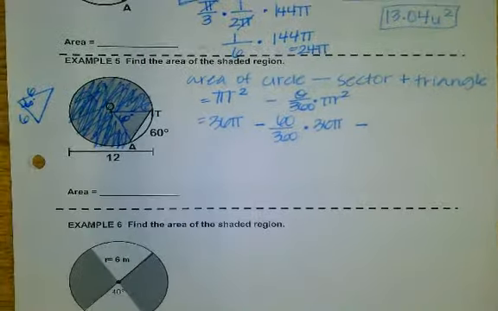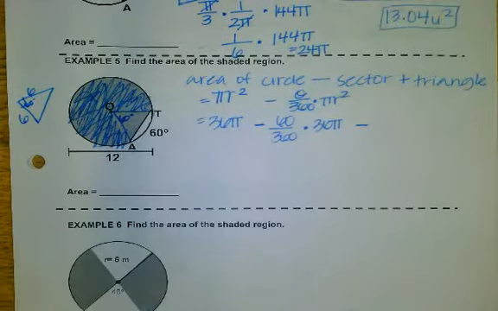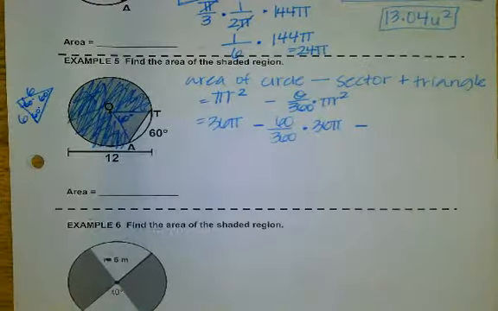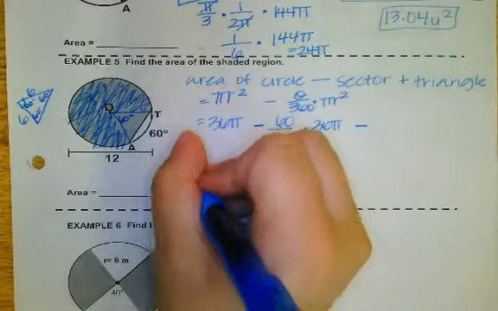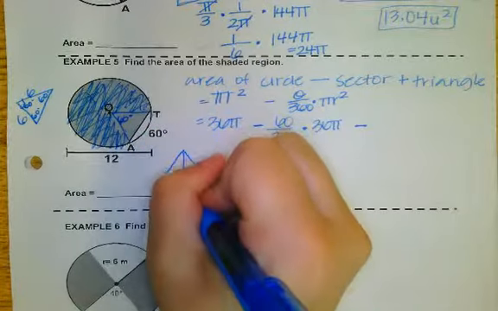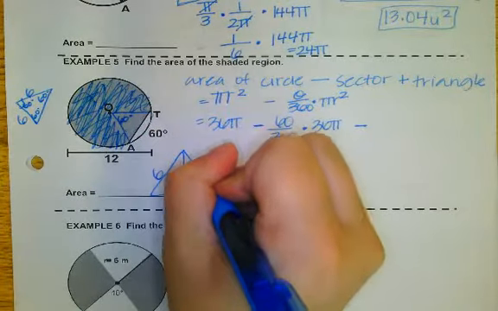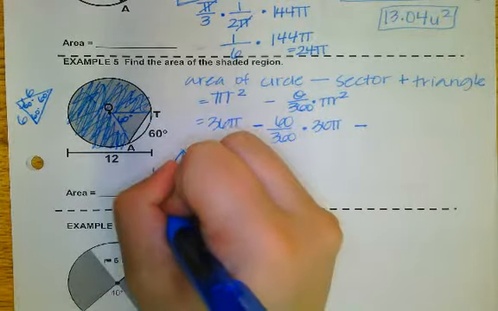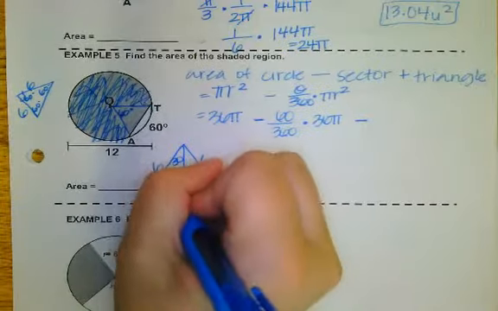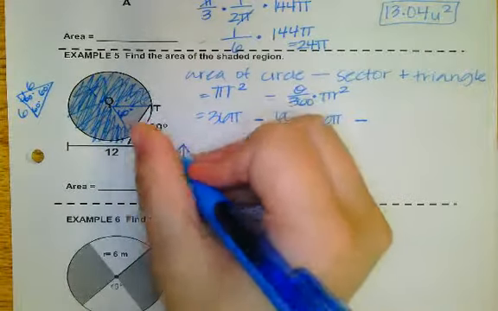Okay, so I'm going to redraw it so that it's bigger. What goes across from 30? X, in this case it is 3, making my height 3 radical 3. So to find the area of my triangle, I have 1/2 base times height, 1/2 of 6 times 3 radical 3.